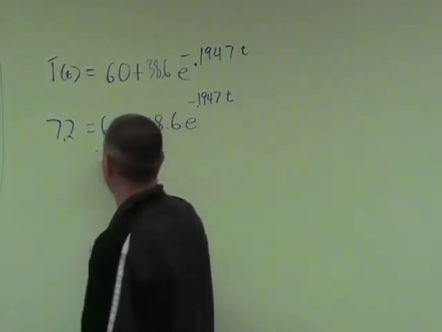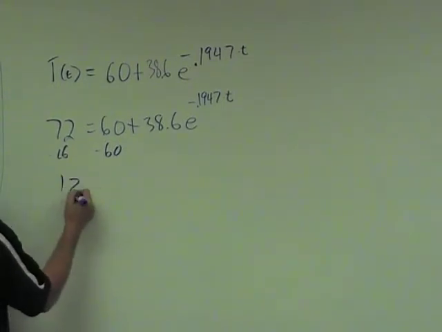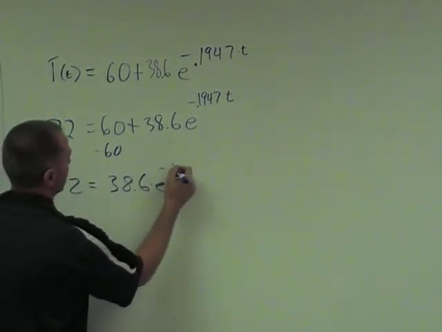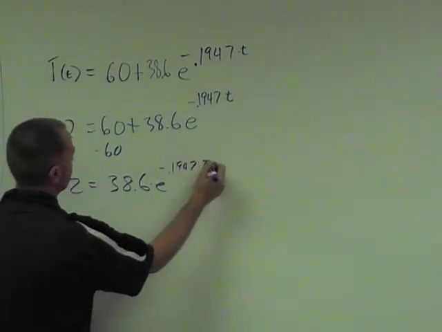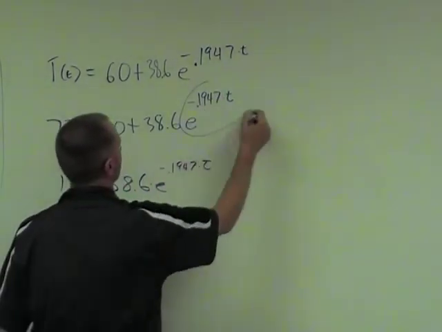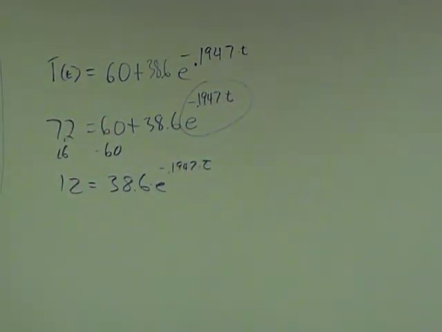Subtract 60. So 12 equals 38.6 times e to the negative 0.1947 t. We subtracted 60 from both sides. Now what should we do? You've got to get the exponential all alone. Divide by 38.6. So take 12 divided by 38.6.